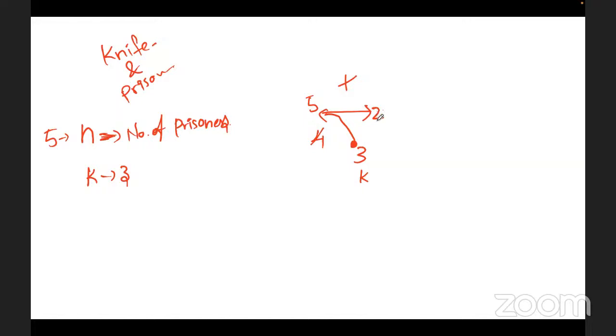And 2 kills 3 and passes to 5 again. And 5 kills 2. So I started from 3. Before, 3 survived, but here 5 survives. So this is what the thing is.